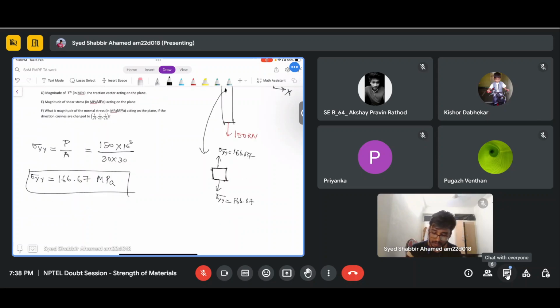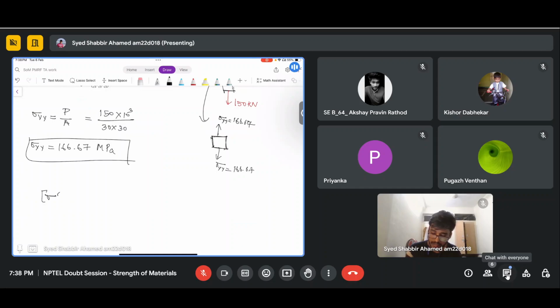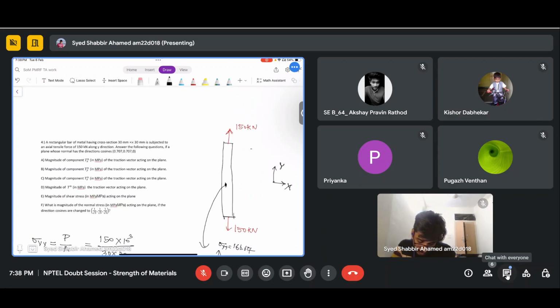So the stress tensor can be written like this: 0, 166.67.